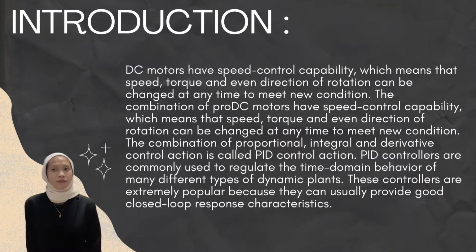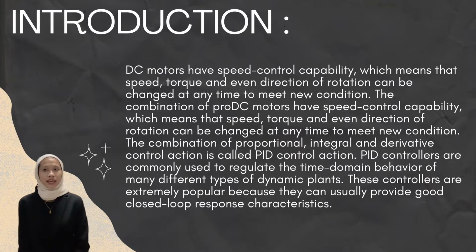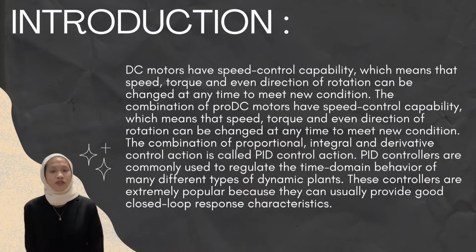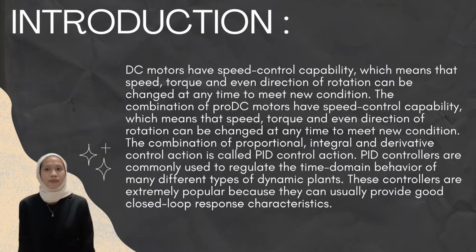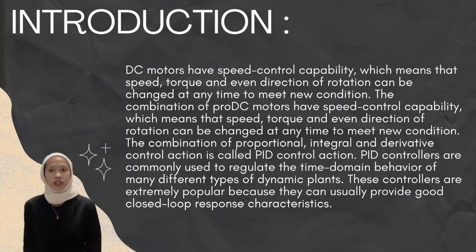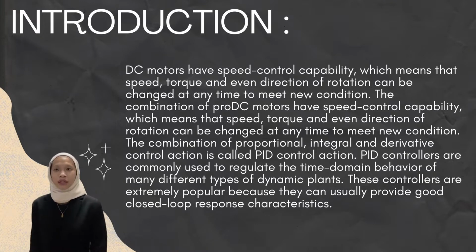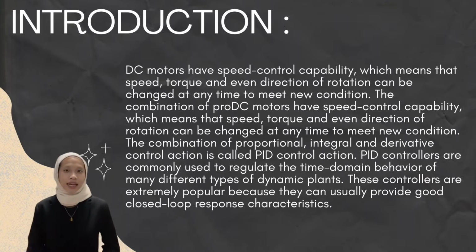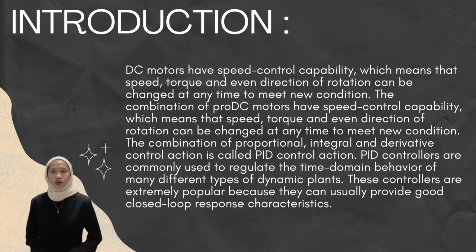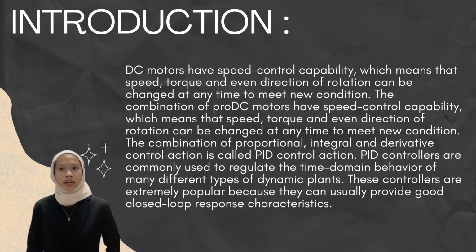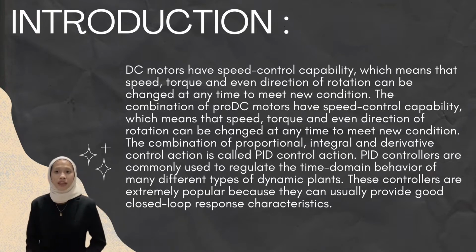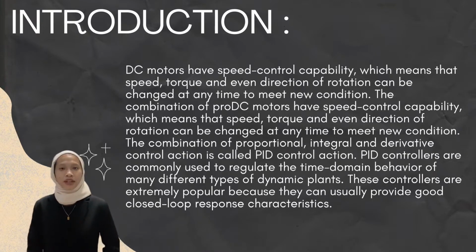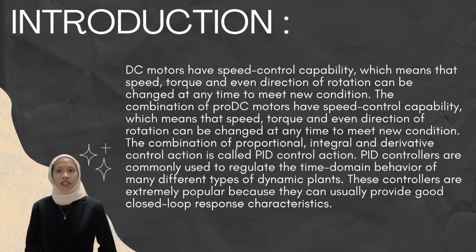DC motor has speed control capability, which means that the speed, torque, and even direction of the rotation can be changed at any time to meet a new condition. PID controllers are commonly used to regulate the time domain behavior of many different types of dynamic plants.